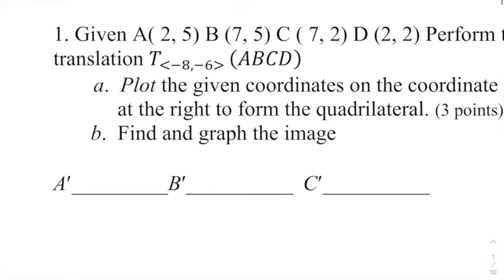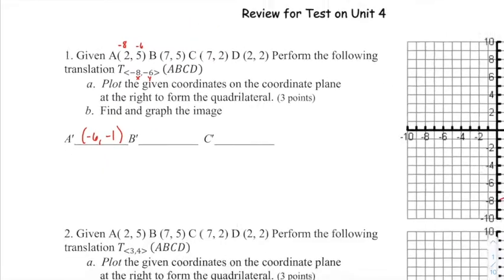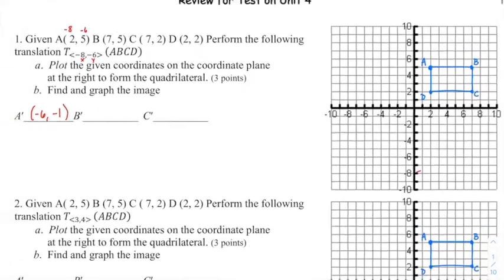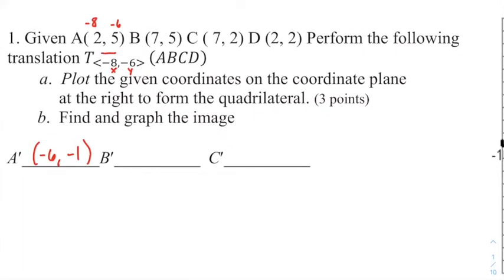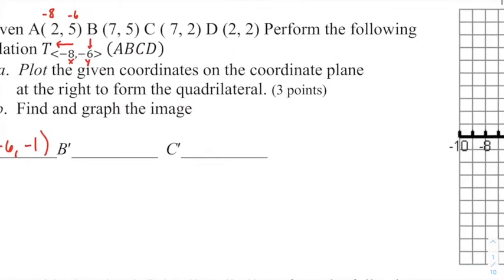If you want to just add them, you literally add -8 to the x piece and -6 to the y piece. If you add those, A prime would be -6 after you add them, comma -1. Now, visually, if you want to figure out where A prime is going to be, -8 tells us to go left 8, and -6 tells us to go down 6.